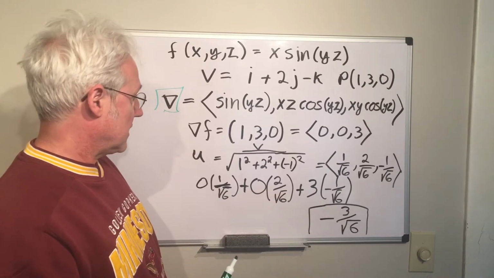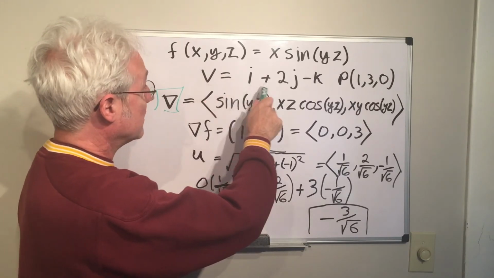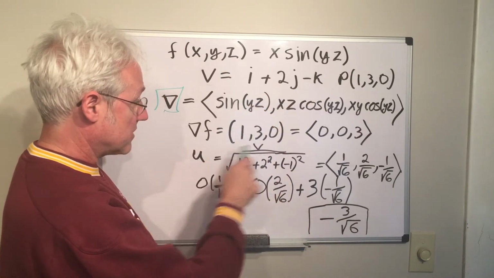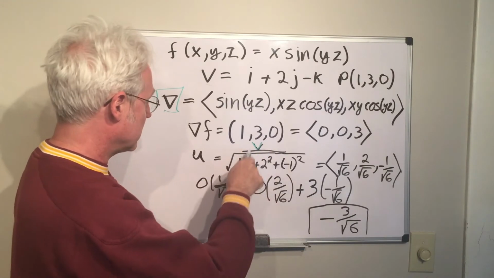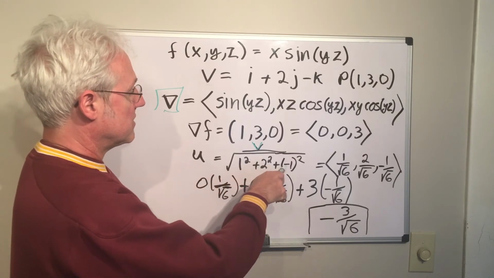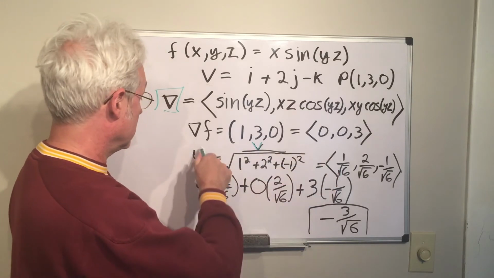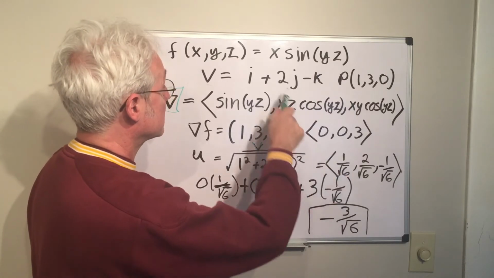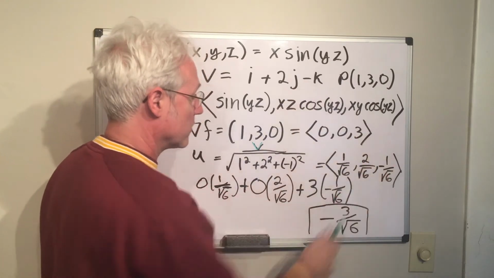Next we take the vector v, and we need to find the unit vector that represents that. So by our same formula, we take the magnitude, here's our vector, over the magnitude of its vector, 1 squared plus 2 squared plus -1 squared all comes out to root 6, and our unit vector u looks like this: 1 over root 6, 2 over root 6, and -1 over root 6.